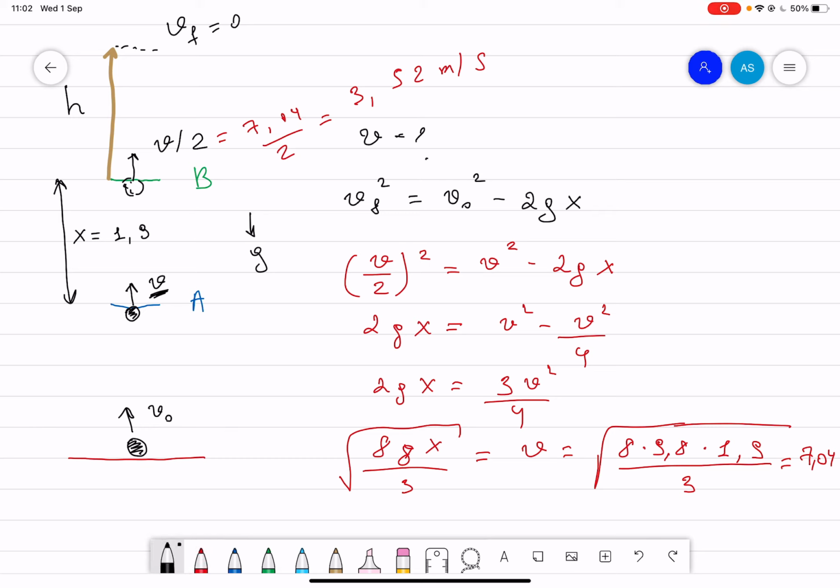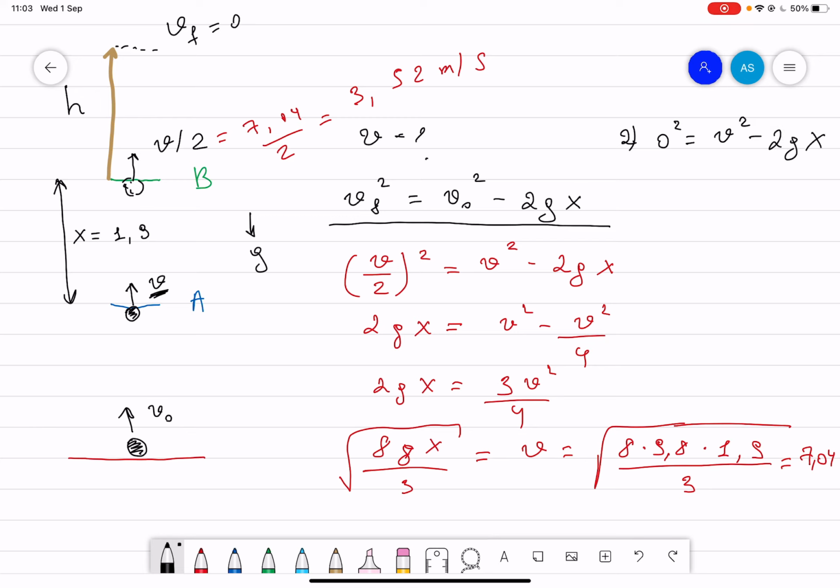Then after that, again, we're going to use the same formula, but in the second case, the final velocity is equal to 0. So therefore, 0 squared is equal to v initial, which is 3.52 squared, minus 2gx.